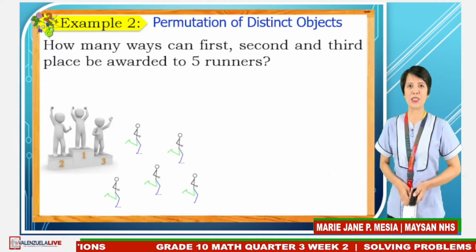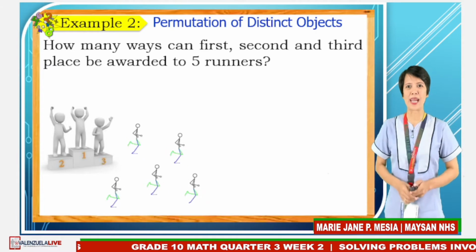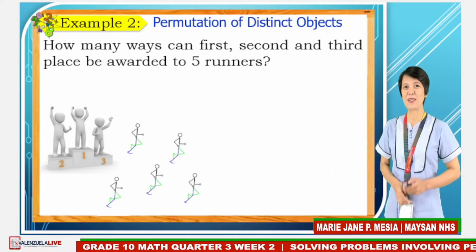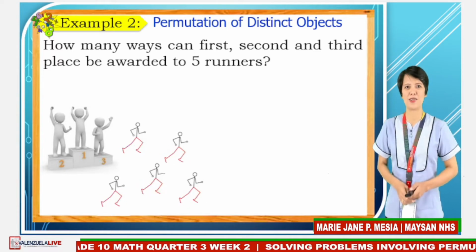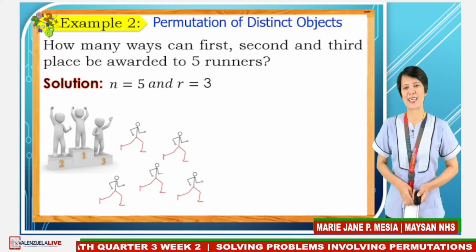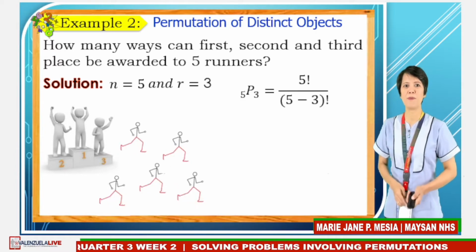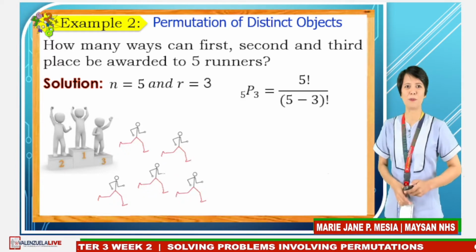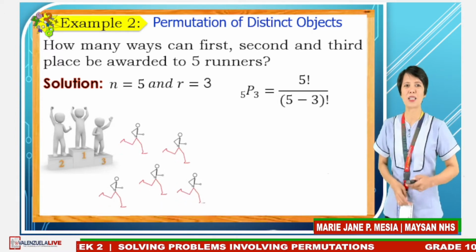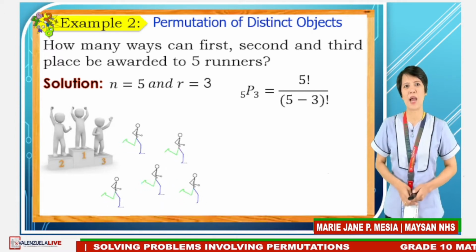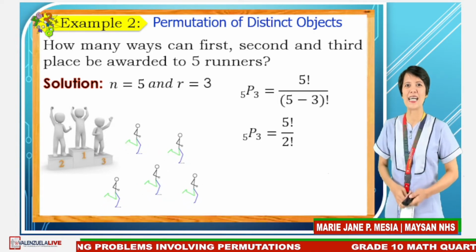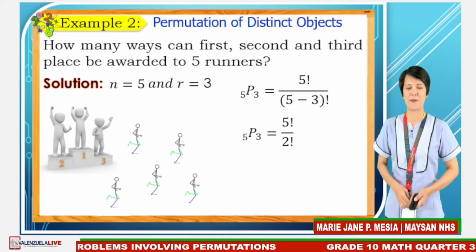Example number 2. How many ways can first, second, and third place be awarded to 5 runners? The value of n is 5 and r is 3. Then substitute, we have 5 permute 3 is equal to 5 factorial divided by the quantity of 5 minus 3 factorial. Simplify the denominator, we have 5 permute 3 is equal to 5 factorial divided by 2 factorial.